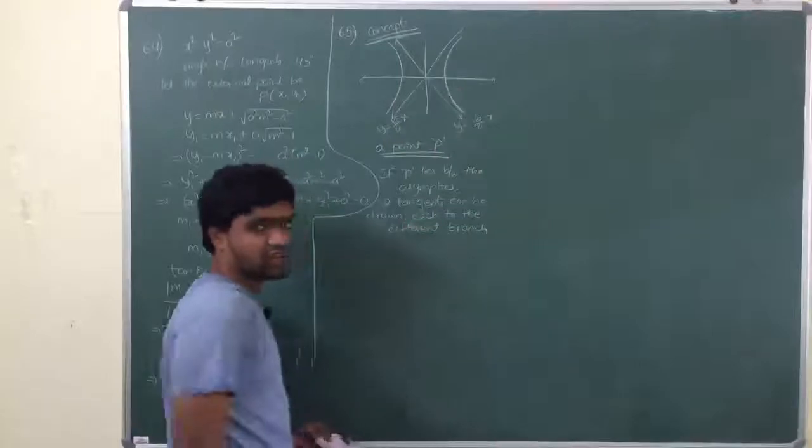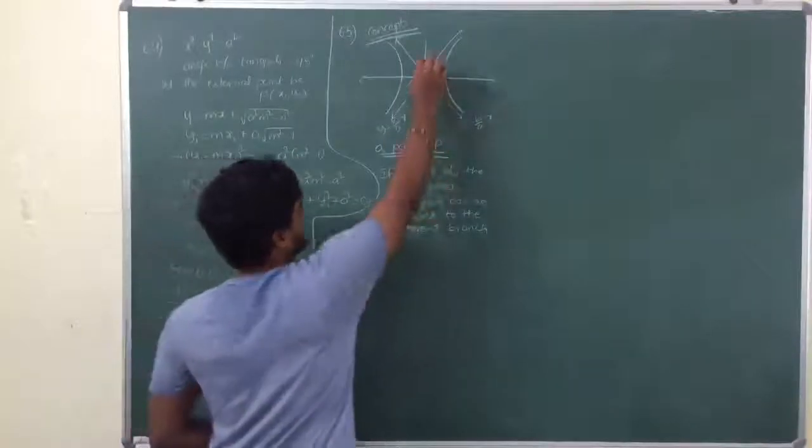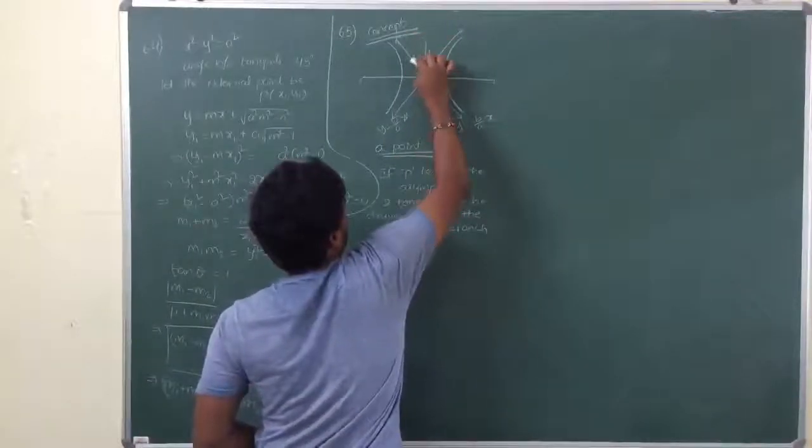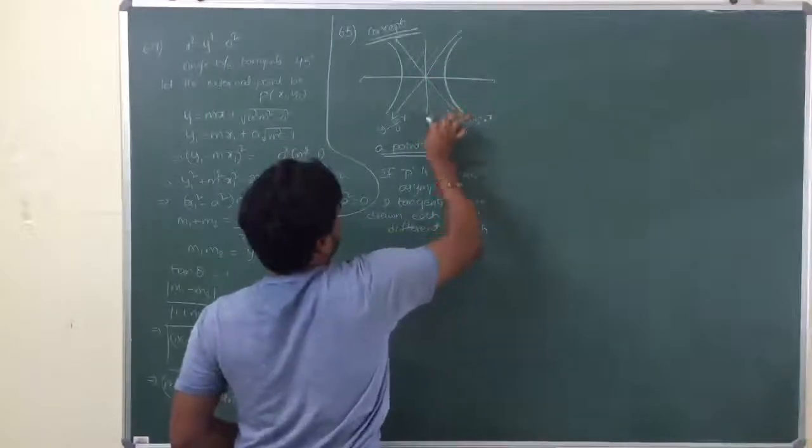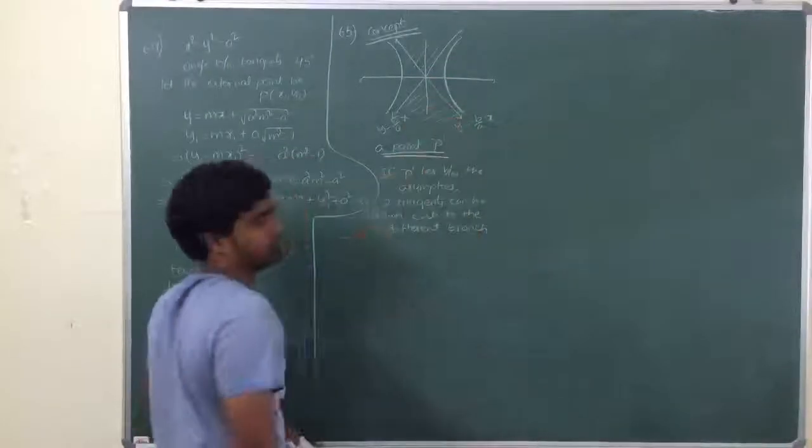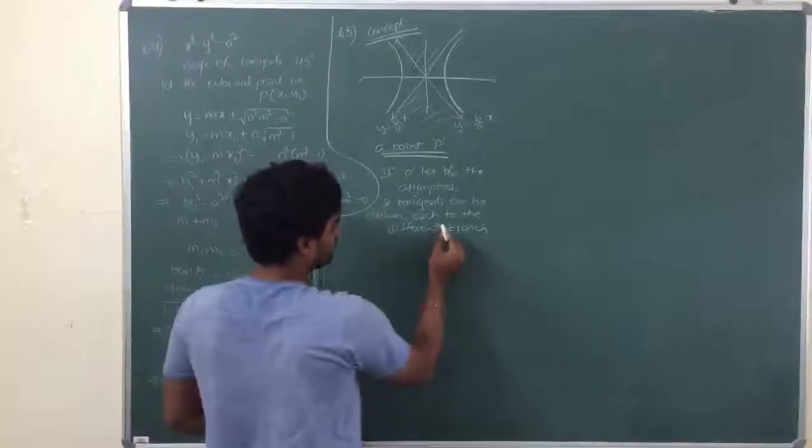There are two branches of the curve. So if P lies between the asymptotes, in the shaded region.